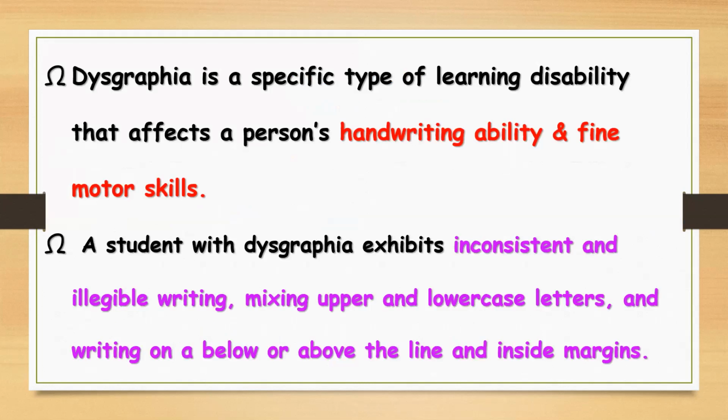It affects the person's handwriting and fine motor skills. They have inconsistent and illegible writing. Their handwriting is not clear. Mixing uppercase and lowercase letters. Writing on, below or above a line, or inside the margins instead of outside the margins.